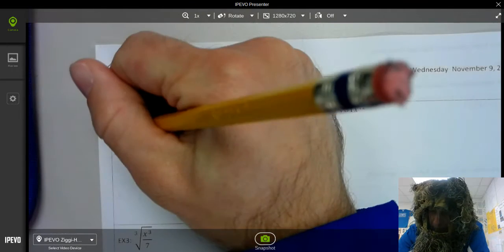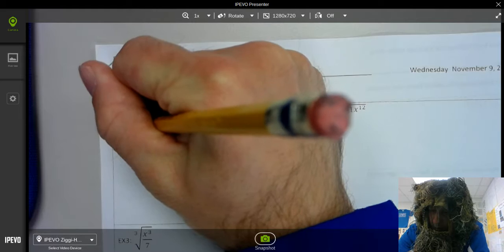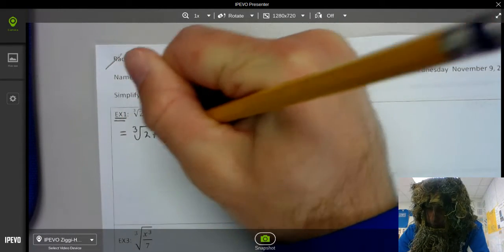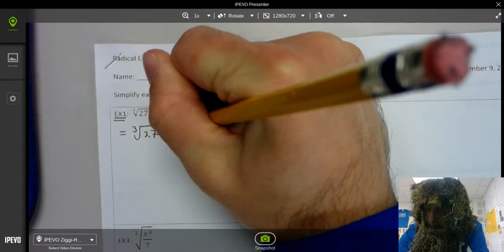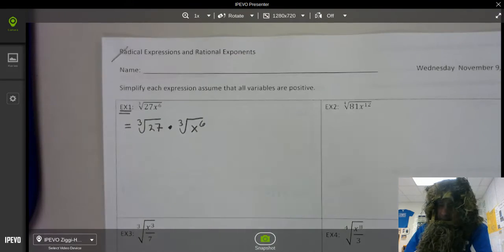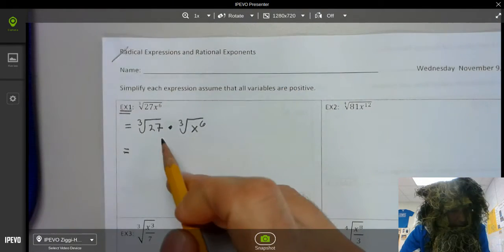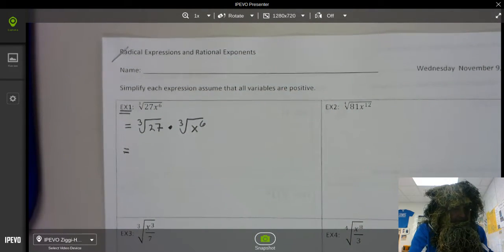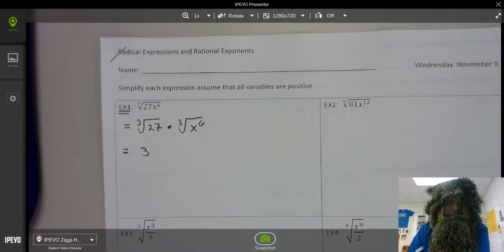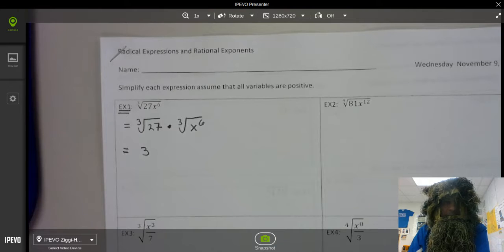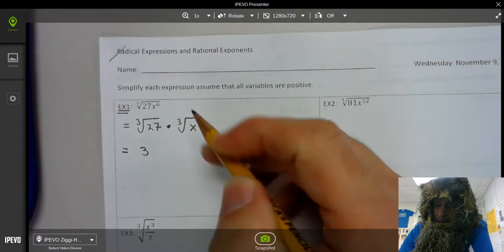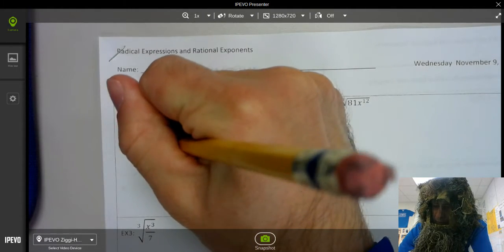So we know that we can write this as the cube root of 27 times the cube root of x to the 6th power. Okay, so we know the cube root of 27 is 3, because 3 cubed is 27. So 3 times 3 is 9, 9 times 3 is 27. Times the cube root of x to the 6th power, which is x squared.